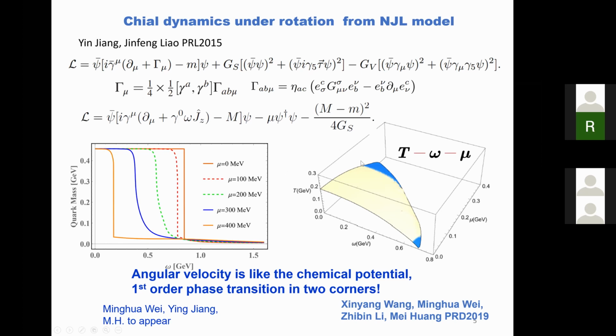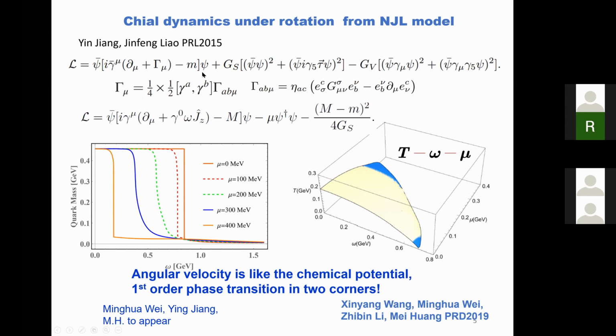So this gives this three-dimensional phase diagram for T, Ω, and μ. You see that at these two corners, one in the high Ω region, and another corner in the high μ region, there will be first order phase transitions.